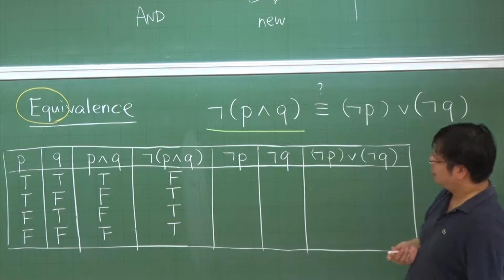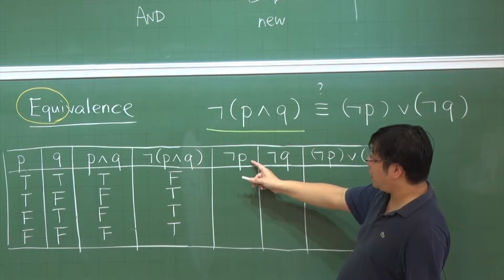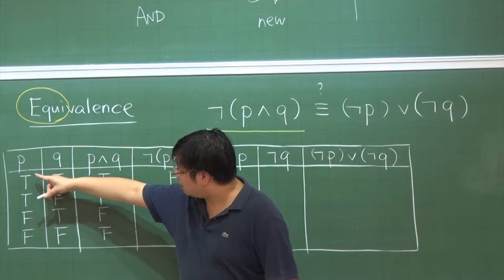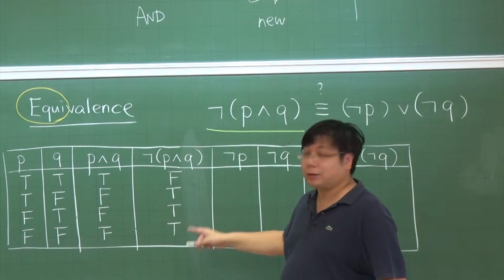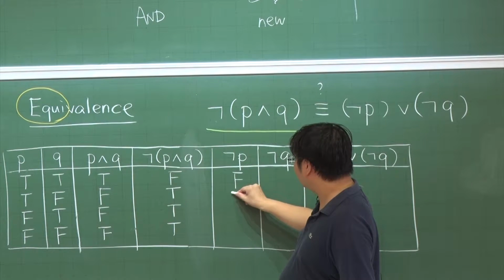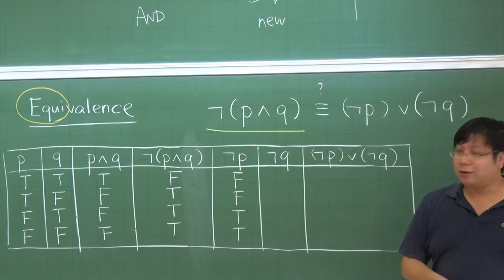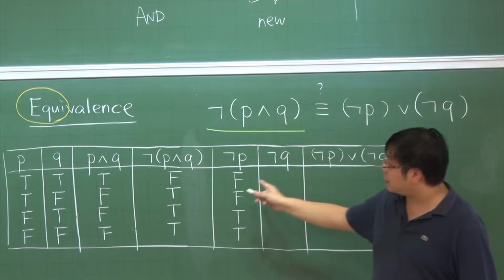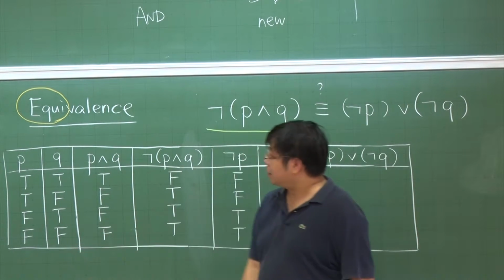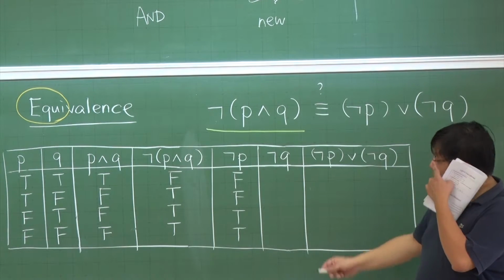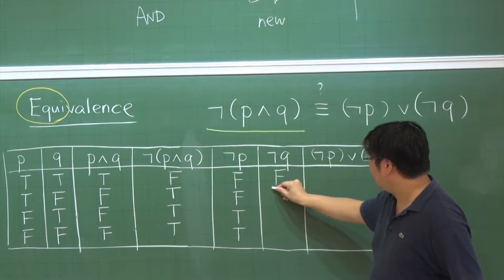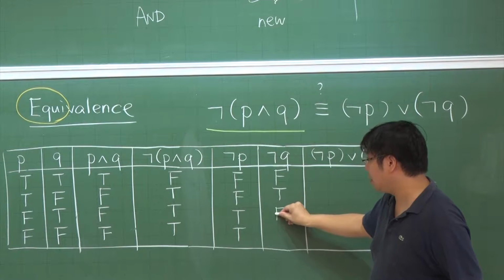Is that okay? Okay, now this not P, we go back and look at this P. P is true, true, false, false. So this not P will be false, false, true, true. Is that okay? Okay, and similarly, this not Q depends on this column. This is true, false on that side. So this will be false, true, false, true.